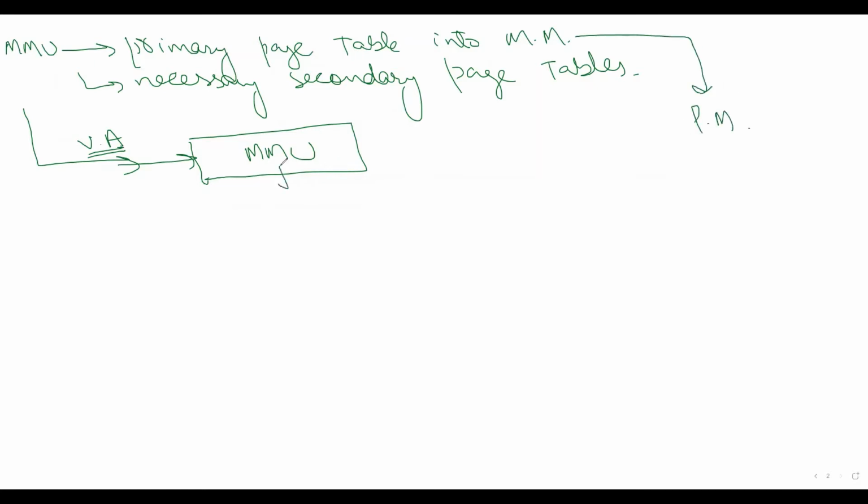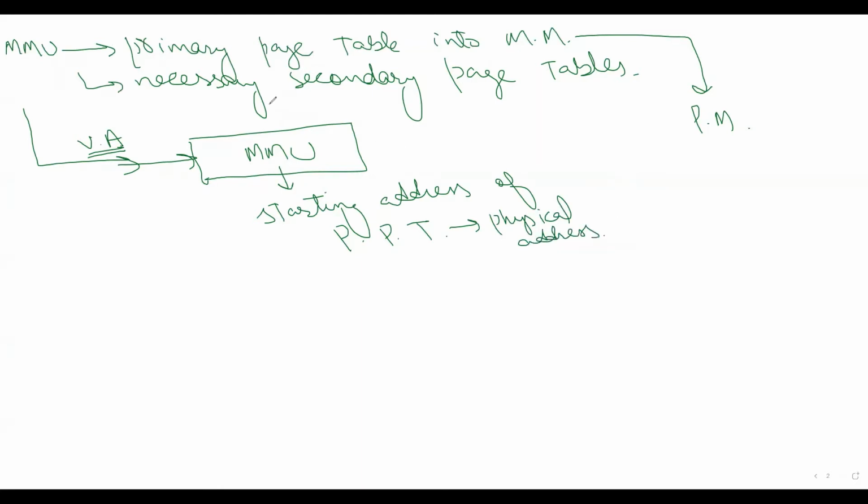So it requires the starting address of the primary page table. And this should be the actual physical address, not some virtual address. Physical address of the primary page table. And this starting address is usually stored in a special register or at some fixed location.